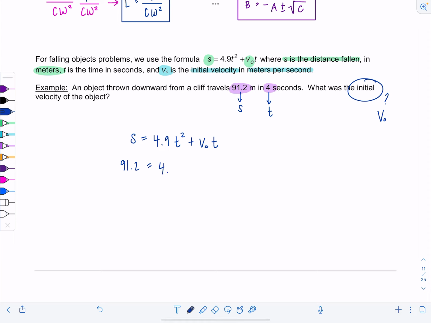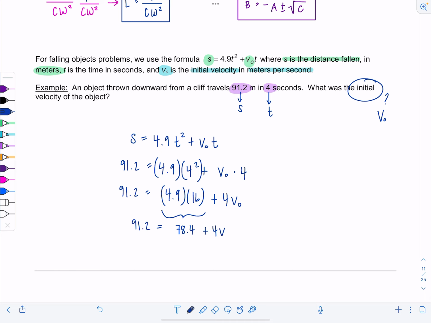Equals 4.9 times 4 squared plus v naught times 4. So this is 91.2 equals 4.9 times 16, right? Perhaps I needed more parentheses like this, plus 4v naught. 4.9 times 16, that's 78.4.